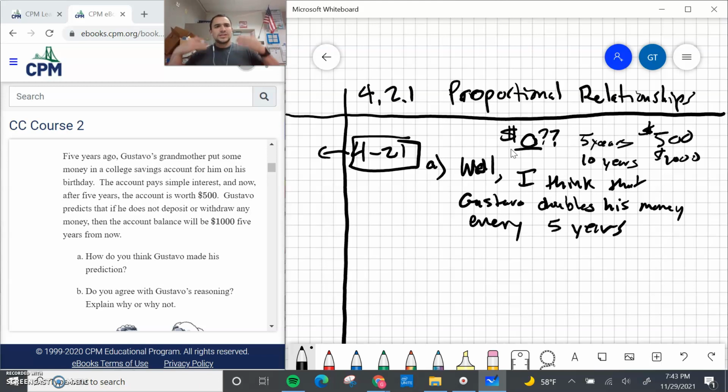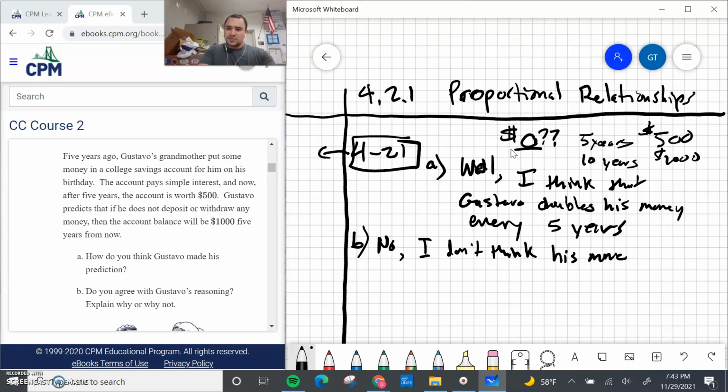He thinks that it's going to double every 5 years. Do you agree? Go ahead and write whether you agree or not. But for B is no. I don't think his money will double. All right, I just don't think it will double.